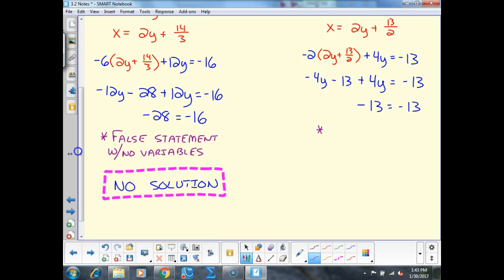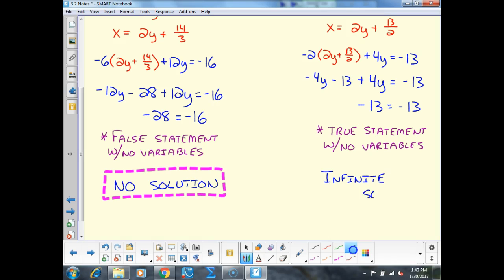Because we have a true statement now with no variables. So that one's infinite solutions.